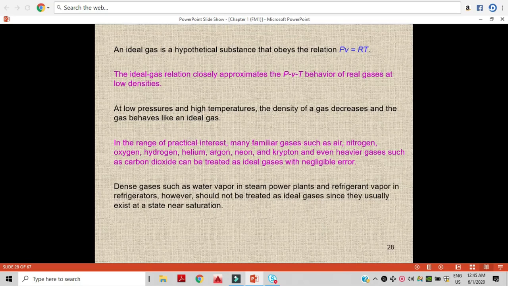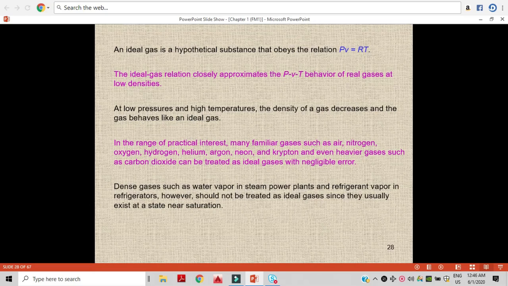Basically, ideal fluids are incompressible, inviscid fluids. Incompressible means density remains constant, it doesn't change. Inviscid means no internal resistance to flow.